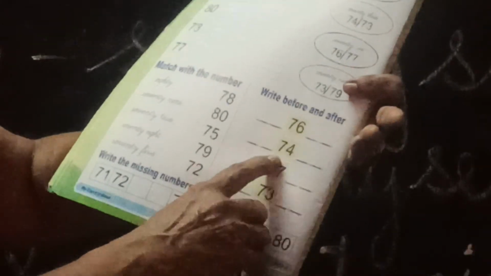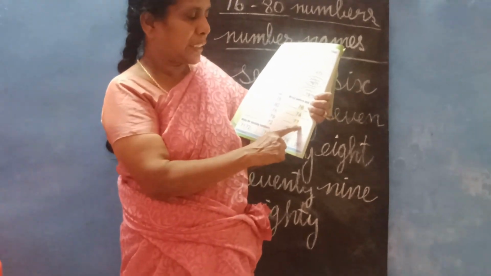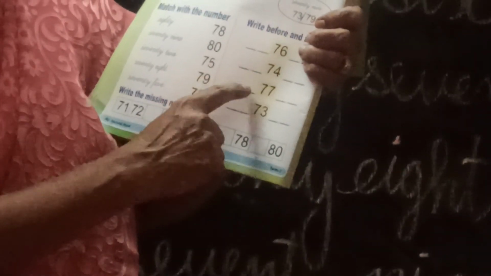Here they gave you number 77. 77 before is 76, 76 before is 75. Then 77 after is 78, 79.